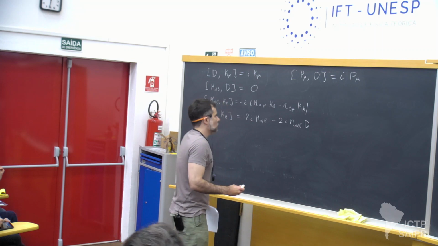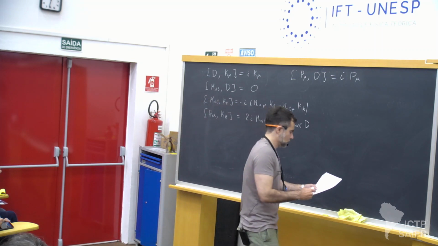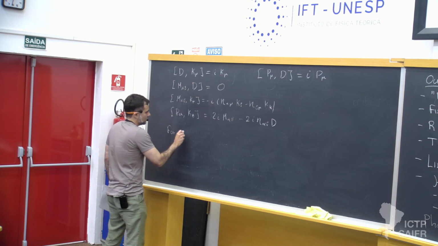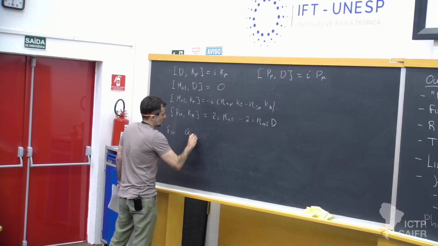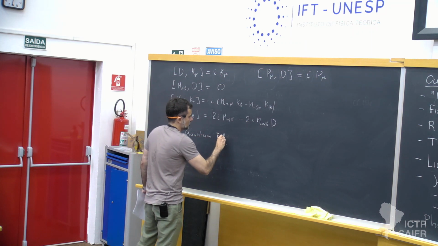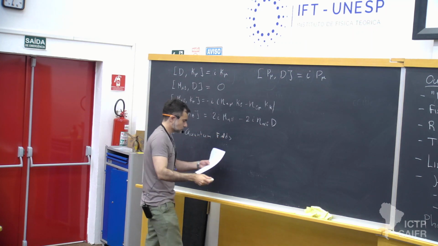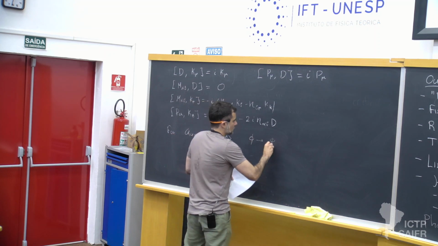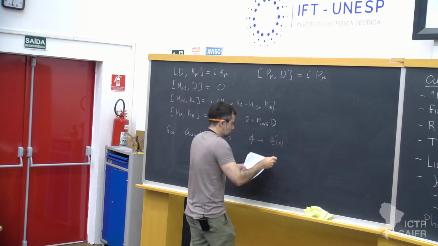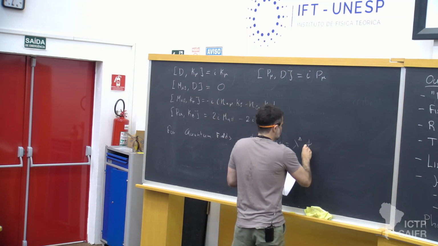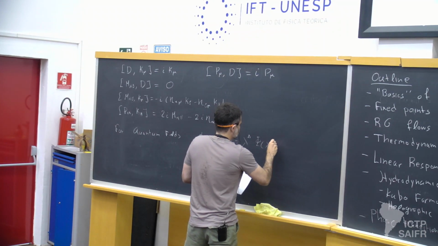Now, something to notice is the following. For quantum fields, let's say a scalar field phi, the transformation of phi, let's call it phi primed, under dilatations is not going to be just a change of coordinates, right?